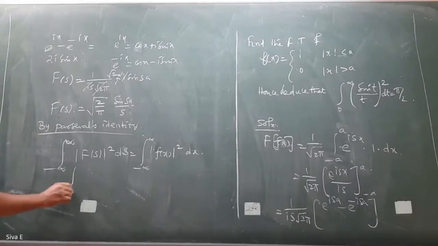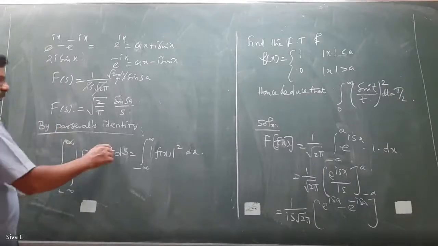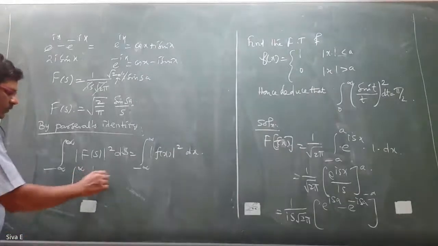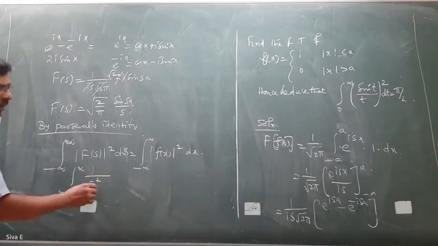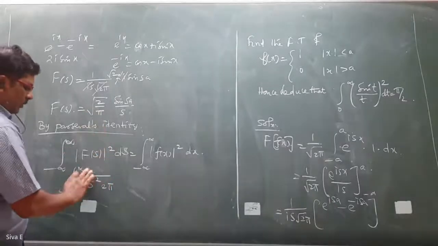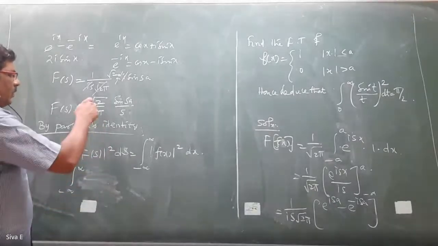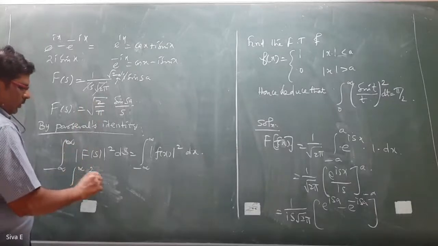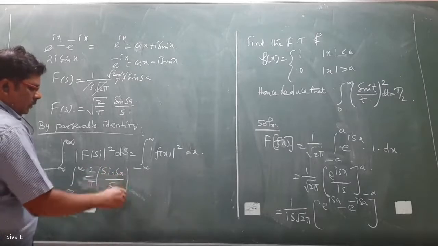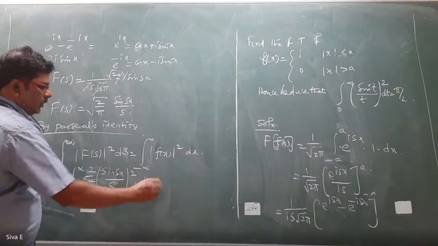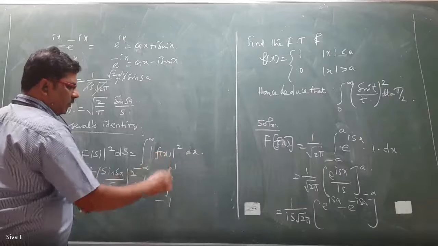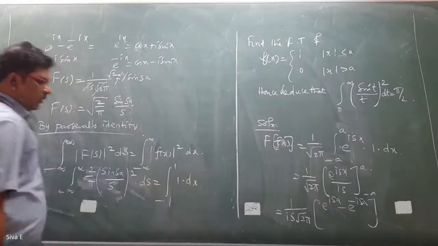So the integral from minus infinity to plus infinity of 2 by pi, (sin sa by s) whole square ds, is equal to the integral of f of x over minus 1 to plus 1, f of x is 1, dx.